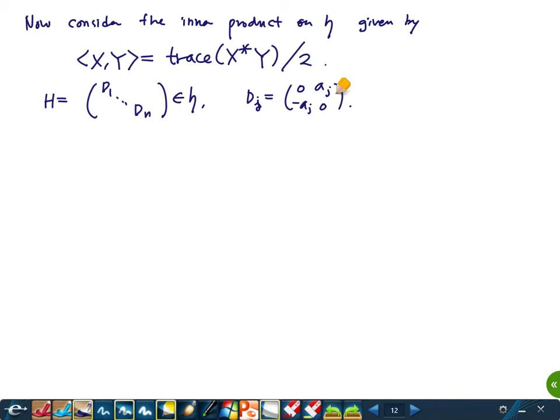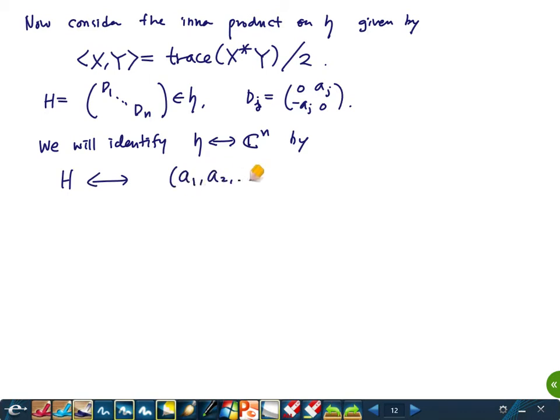So we will identify H with C^n by this. H is in, okay, let's see. This H, for this H, okay, let's say this way. Maybe over here.